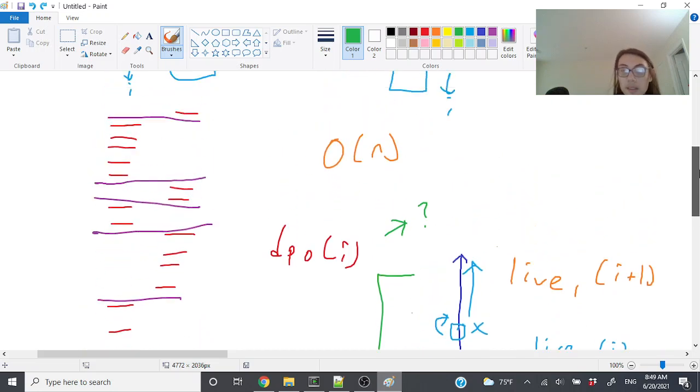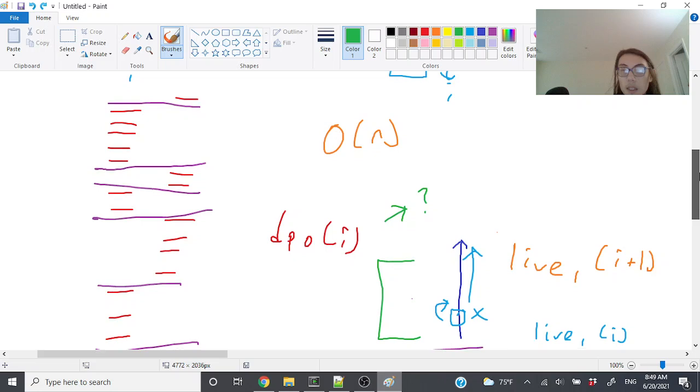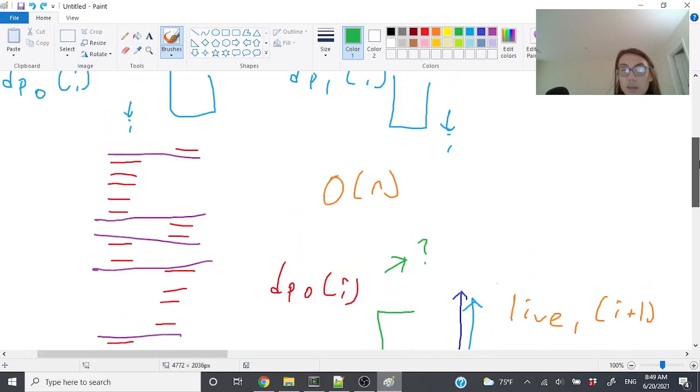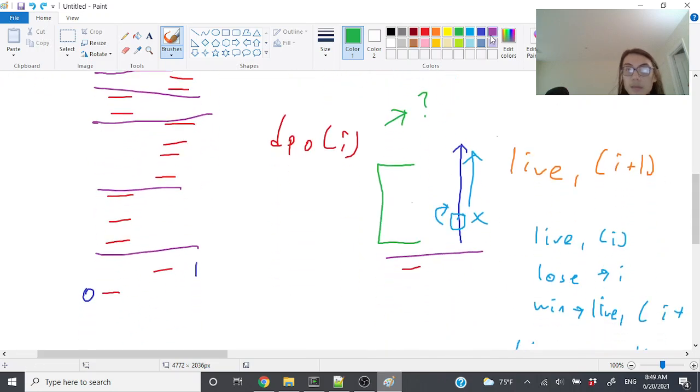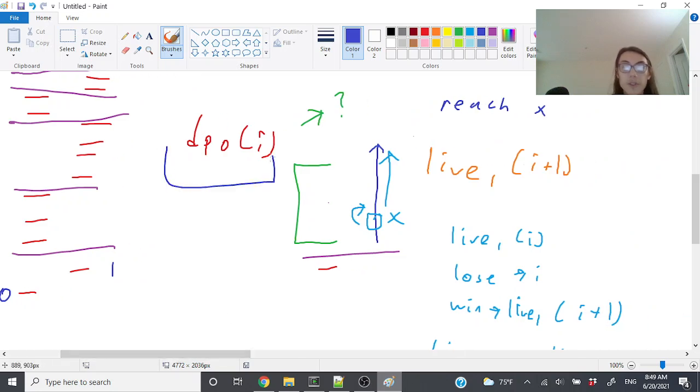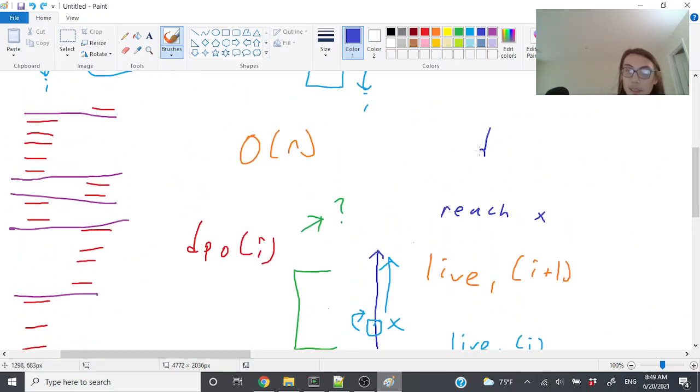So here, this dp value essentially means that if we can reach x, then if this is true, every dp1 from I plus 1 to x is true, and we can set all those parents to this.